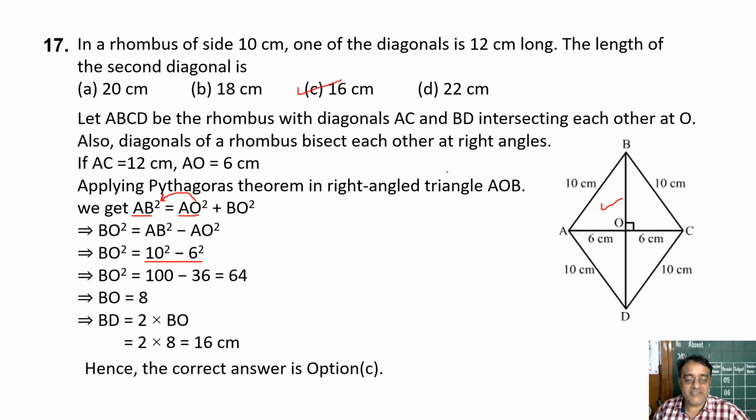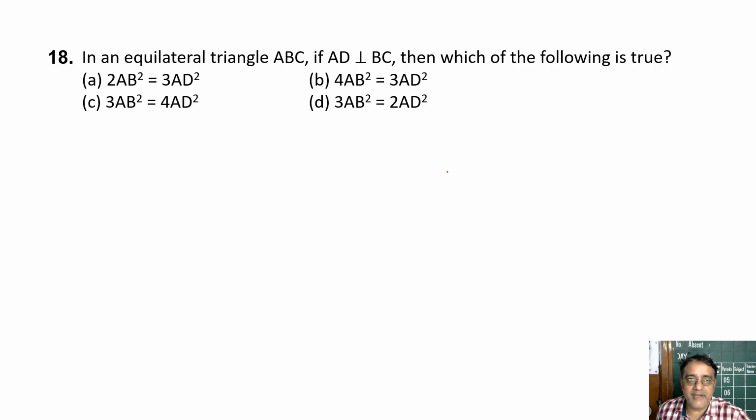So another 3 questions are left because 20 questions are there in total. So we are moving toward question number 18. In an equilateral triangle ABC, if AD is perpendicular to BC, then which of the following is true? So this is the diagram, and we know that in an equilateral triangle the altitude bisects the base. So BD is equal to DC.